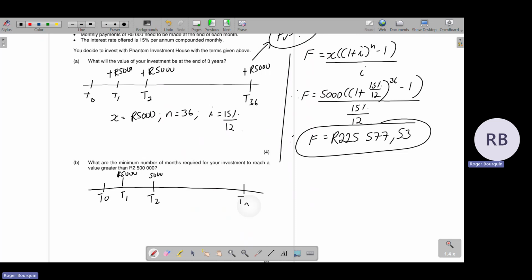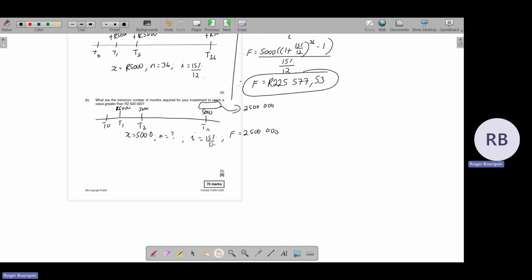At some Tn we want our last payment of 5,000 Rand to be made. But now our future value has to be equal to 2,500,000, right? So now I've got X is equal to 5,000. N is what we're looking for. I is still 15% over 12. You don't have to write this all down again. And now we know that the future value is 2.5 million.